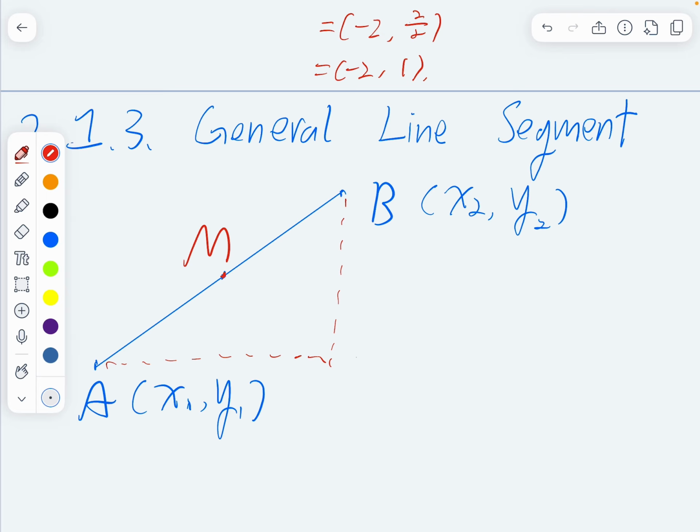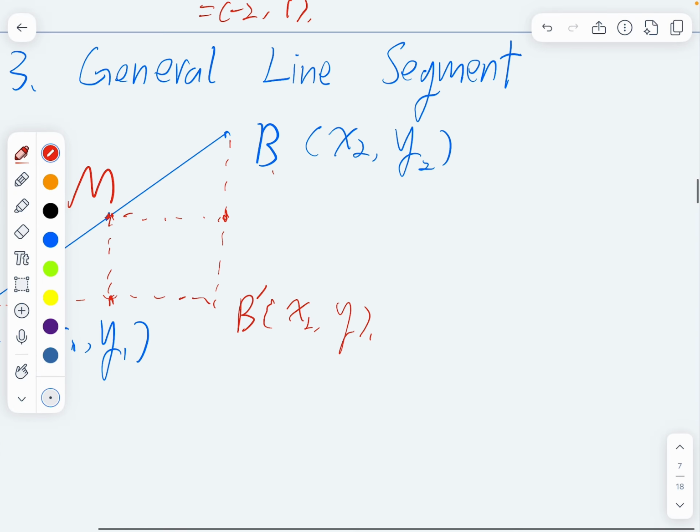This is B, with x2 and y2. Now we can find the x value from A and B prime, and for the y value we can find it from B and B prime.